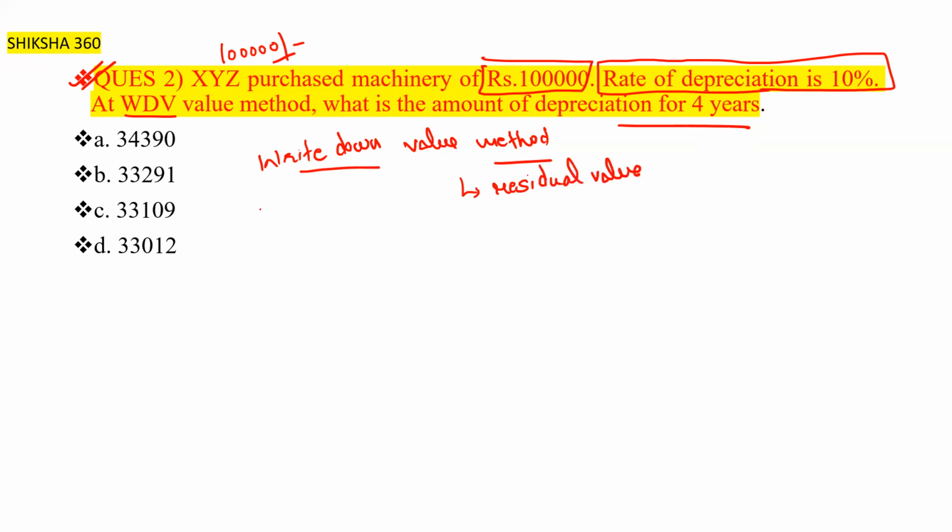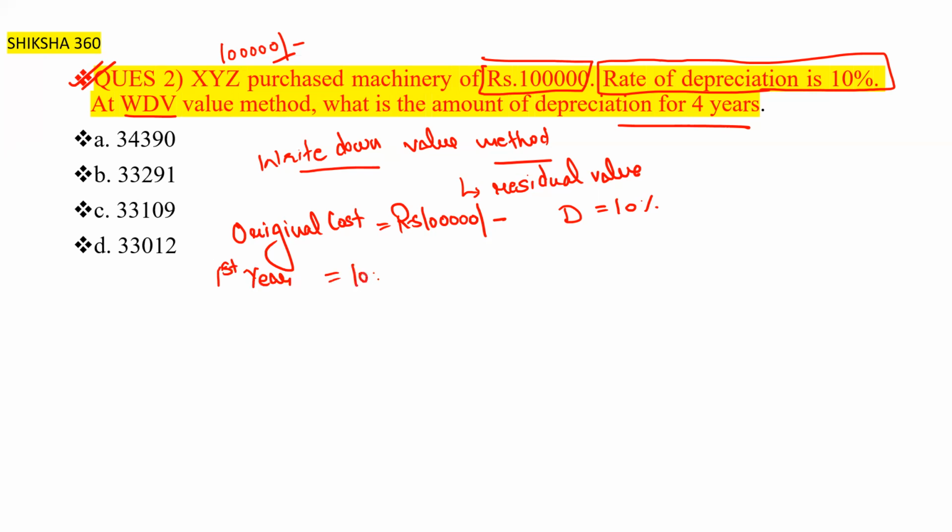Original cost here is rupees 1 lakh. Depreciation is 10%. After the first year, the amount is 1 lakh minus 10% of 1 lakh, so 90,000.